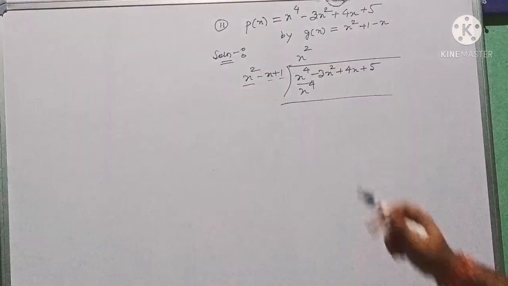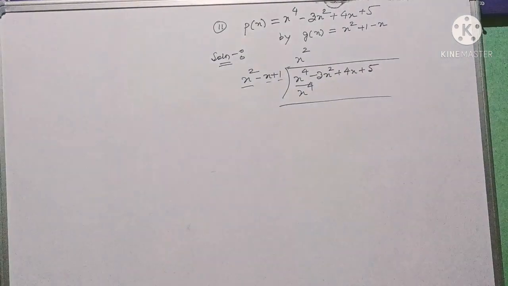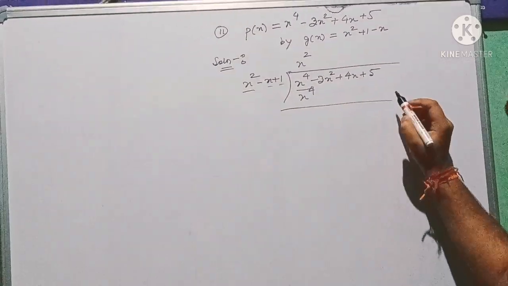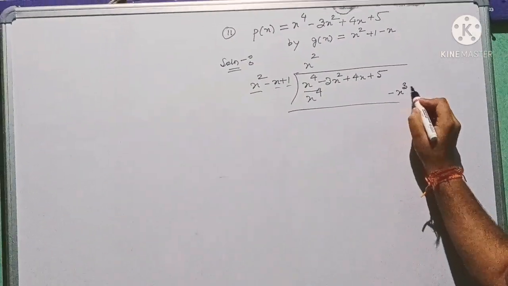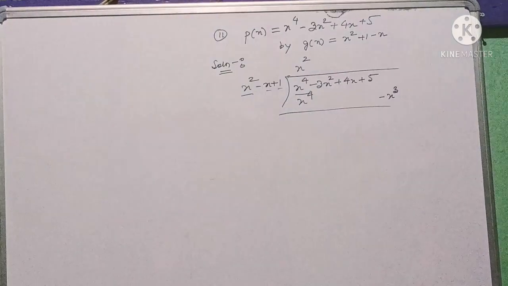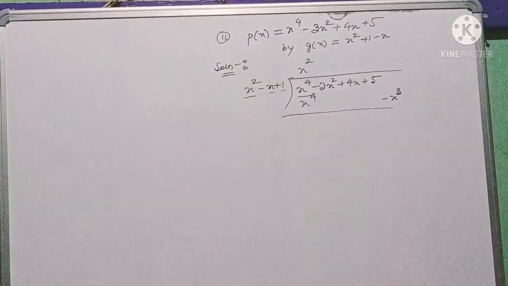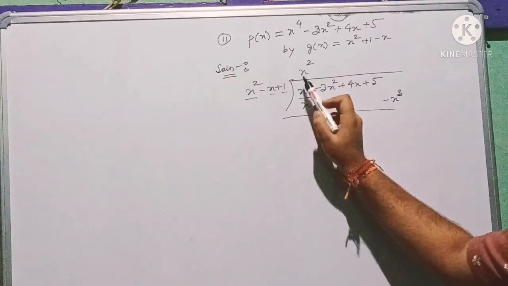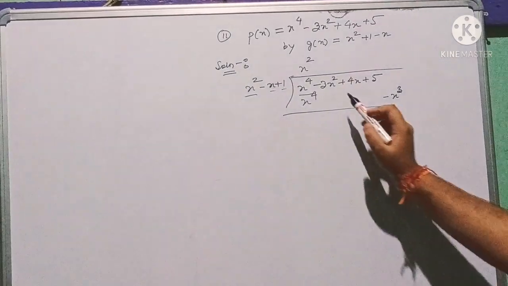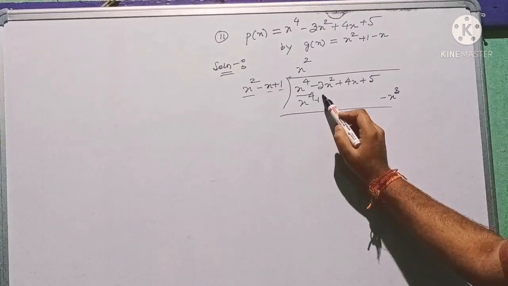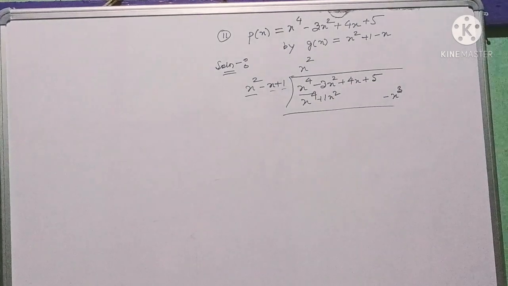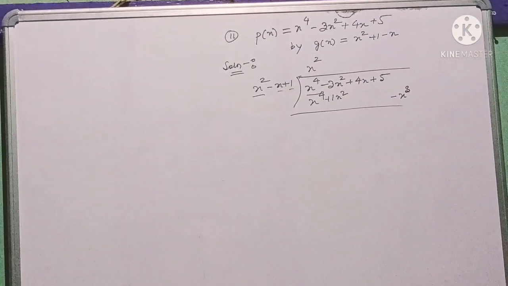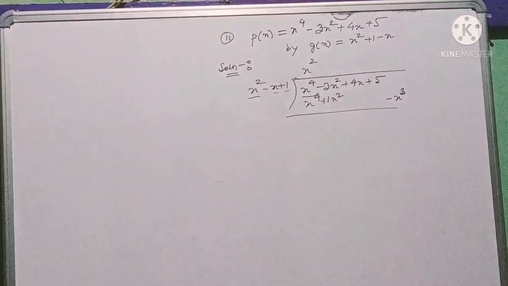There is no x cube term here, so you put this minus x cube term here, because there is no similar term. Now 1 into x square is 1 x square. You see there is an x square term, so you put 1 x square below this 3x square, because I have already told you to put the same term below the same term.